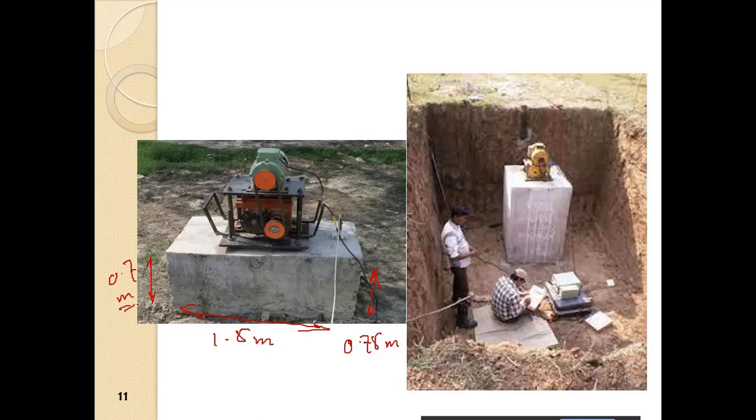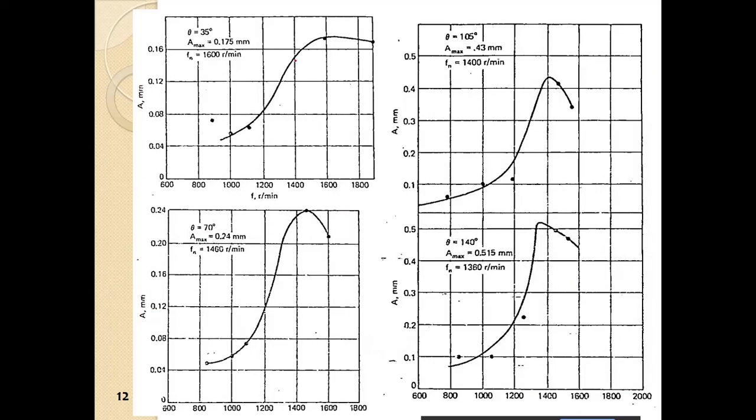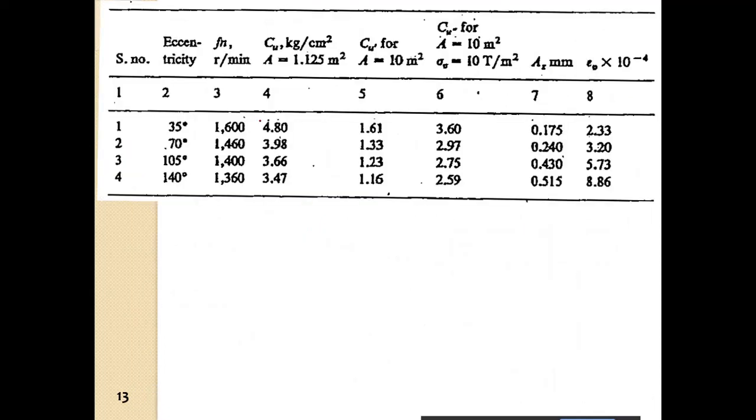From this data, the CU corresponding to that was obtained. That is obviously very easy, you can find it by direct formulation. So Cu is equal to 4 pi square Fn Z into the combined mass of the foundation and the machine.